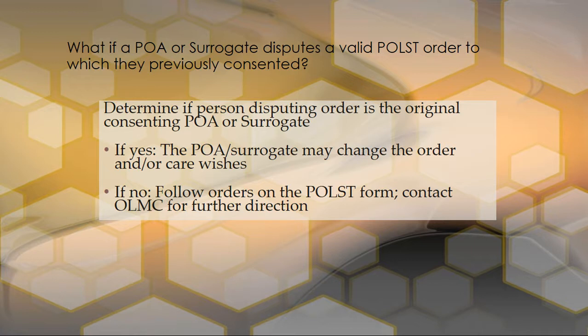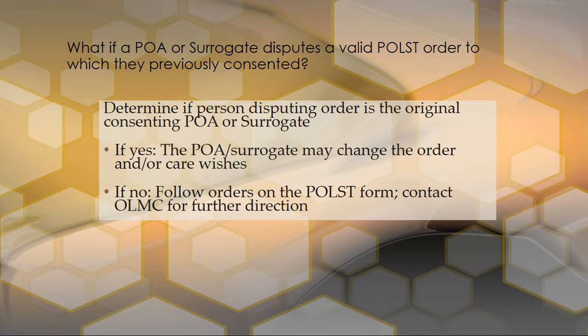So let's go ahead and take a little bit of a scenario. John Doe is the patient. John Doe has signed a POLST form which indicates that he is do not resuscitate. John's daughter, Jane, is the healthcare power of attorney. John goes into cardiac arrest. EMS is summoned.